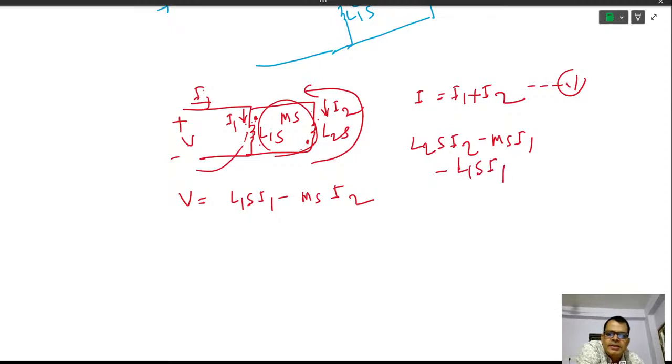Now you need to see where the current is entering in L2. It is the undotted terminal, so here the undotted terminal will be positive, that is plus MS I2 equal to 0.